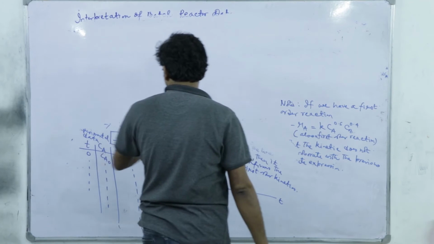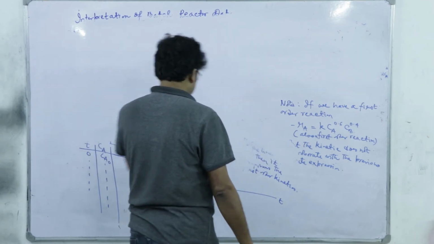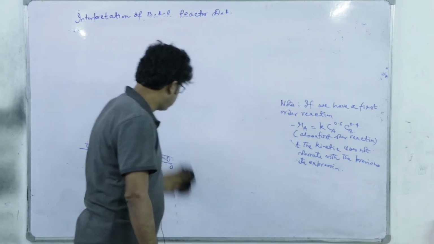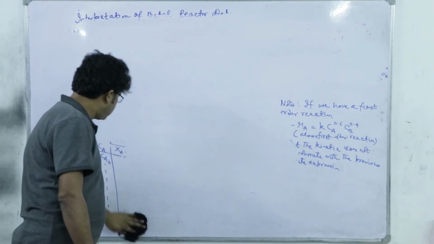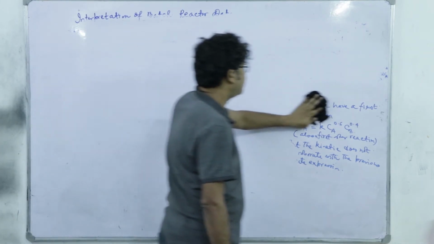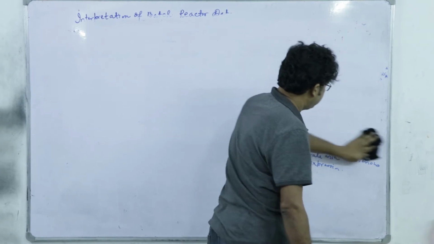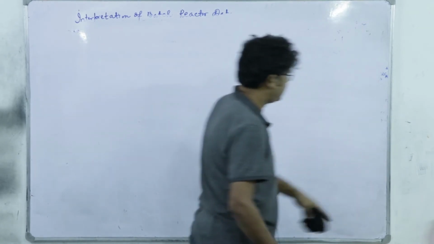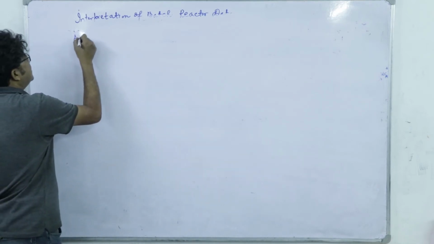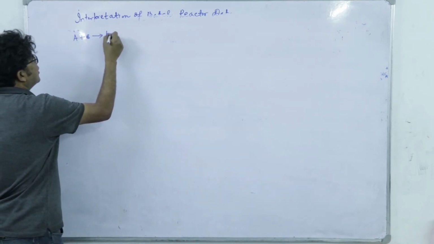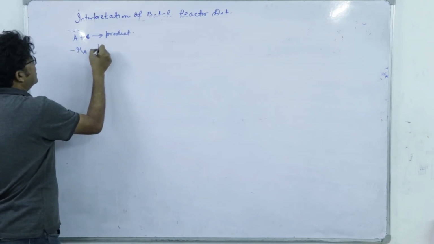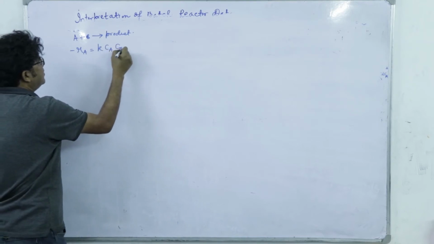There is A plus B giving product. So minus Ra equal to K into Ca into Cb.